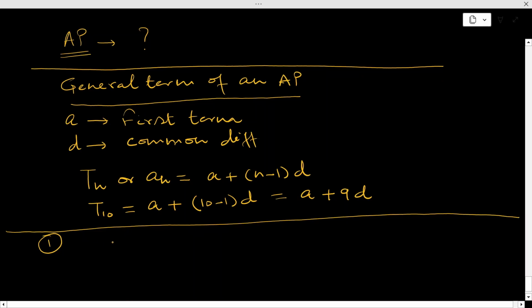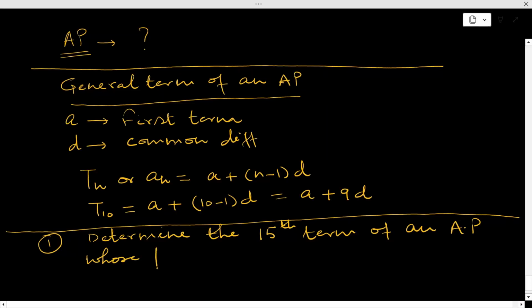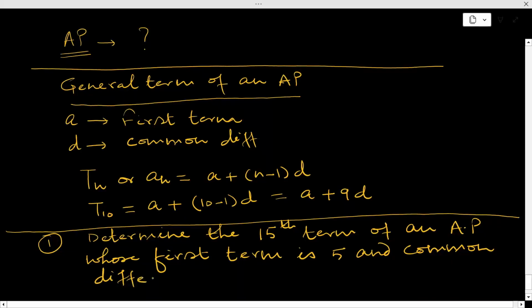So suppose we are having an AP. Let us discuss a problem: determine the 15th term of an AP whose first term is 5 and common difference is 3.